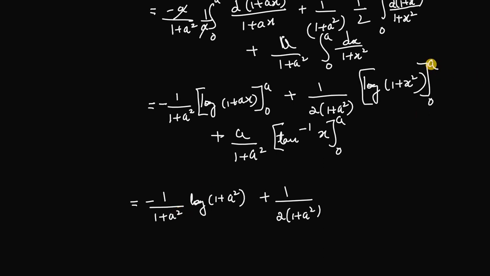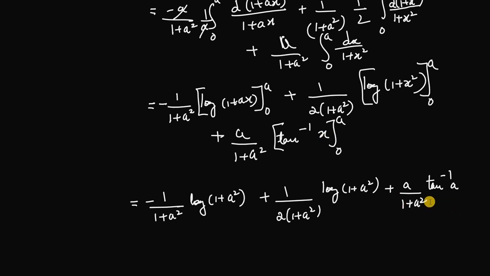Now again here if you substitute the upper limit for x, then it will be 1 plus a square. And if you substitute x by 0, the lower limit, then it will be log of 1, again 0. So you get only one term here. That will be log of 1 plus a square. Then plus a by 1 plus a square into tan inverse of a. And if I replace x by 0, the lower limit, then tan inverse of 0 will be 0.